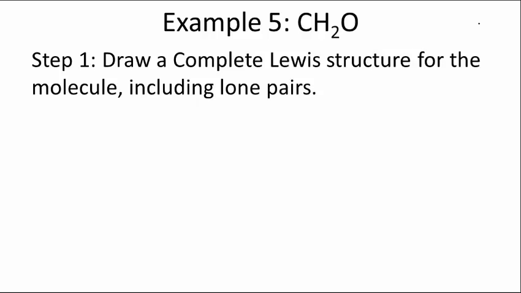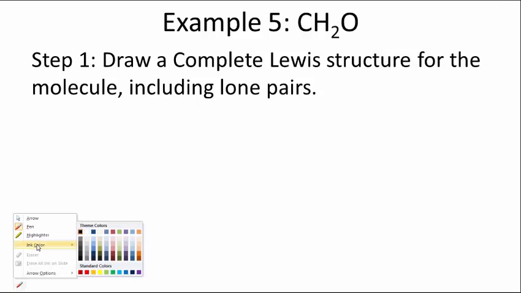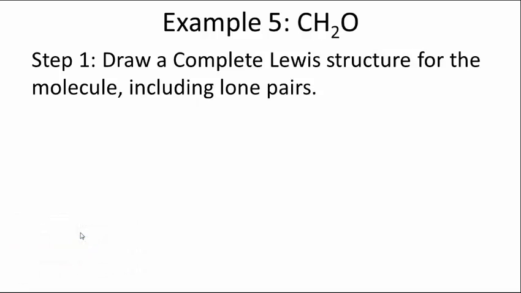All right, looking over people's shoulders, it looked like most people had no trouble with the Lewis structure part. Should have carbon double bonded to oxygen. Oxygen has 2 lone pairs. Carbon has single bonds to 2 hydrogens.